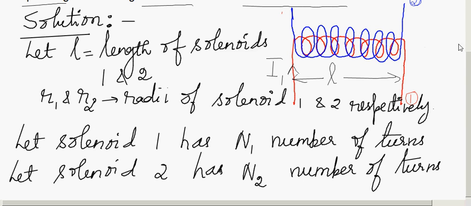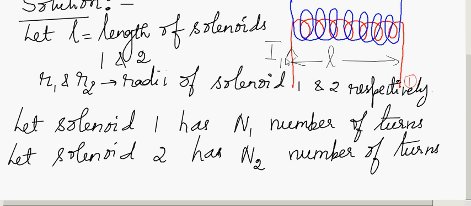Okay, so now we have assumed all the quantities. Now when a current I1 is passed through solenoid 1, what happens? A magnetic field is set up.